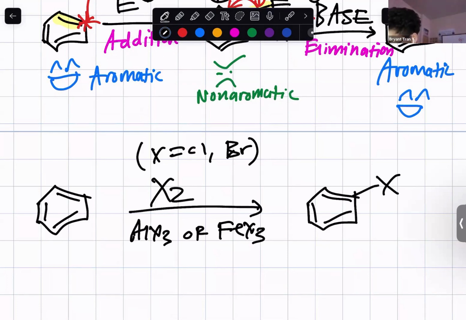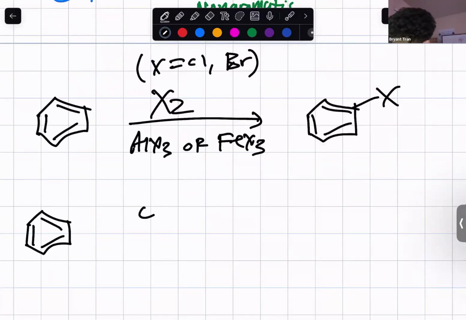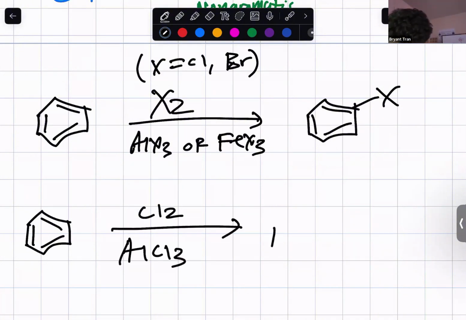Okay. Let's give you a specific example. Let's say we have Cl2 reacting with AlCl3. That would add a Cl, chlorine, on the benzene ring like that. So that's how you predict the product quickly. It's just adding that chlorine there on the benzene ring.